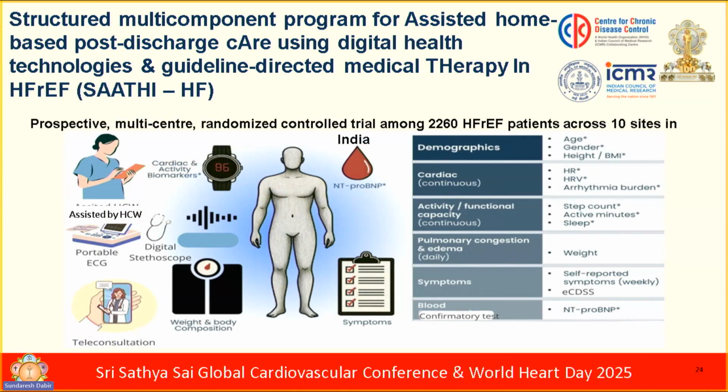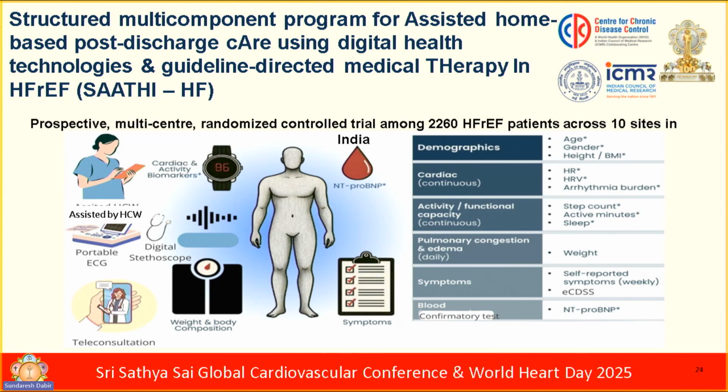Lastly, we have been talking about AI. How do we integrate AI and provide remote care to patients? We are looking at a trial of a structured multi-component program for assisted home-based post-discharge care using digital technologies and guideline-directed medical therapy. Here, we are giving them a wearable device which captures many things, including heart rate, temperature, SpO2, and several other things. In addition, we have a trained community health worker who can connect to a specialist if needed.